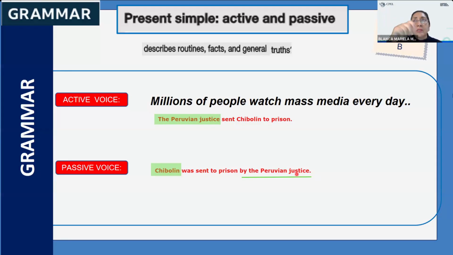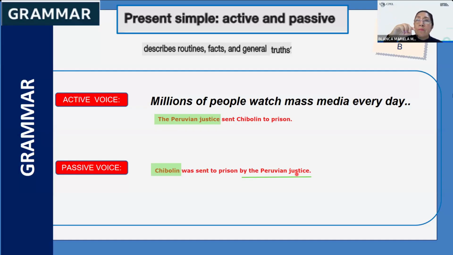The criminal was sent to prison, no? Or the house was broken into, no? The house was broken into. Who performs the action? Many times is irrelevant. That is why they don't mention. They focus more on what happened, passive voice.